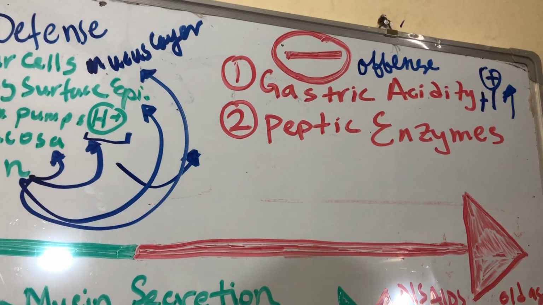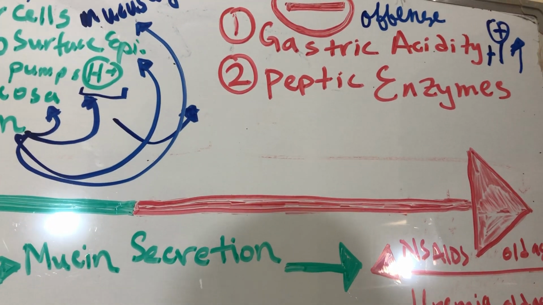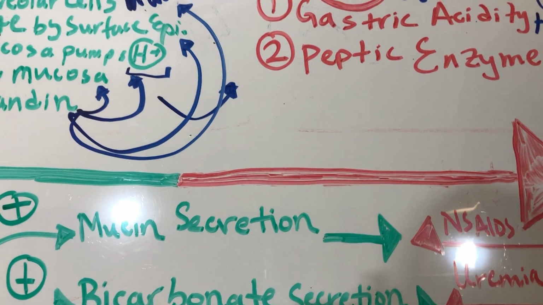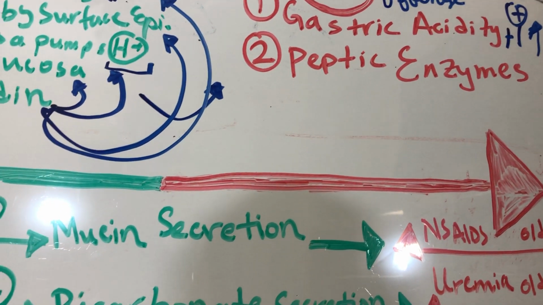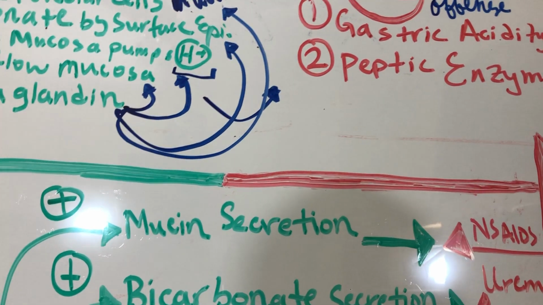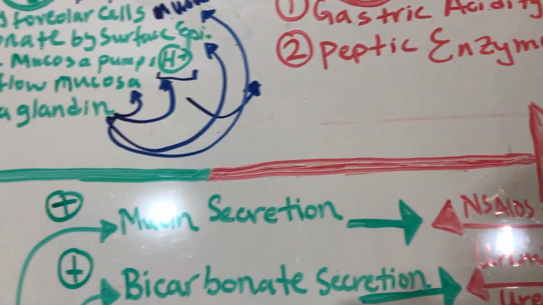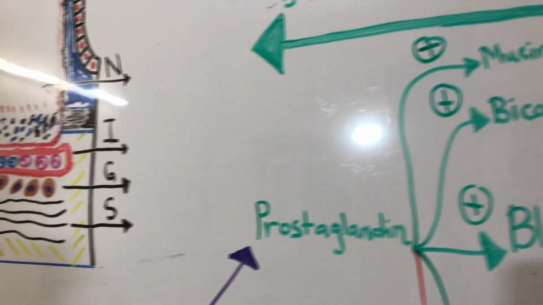And we will talk about what factors cause that. And then there are peptic enzymes on the loose that may enter the stomach and cause damage to our stomach, leading to gastritis, the inflammation of the gastric tissue in our stomach.